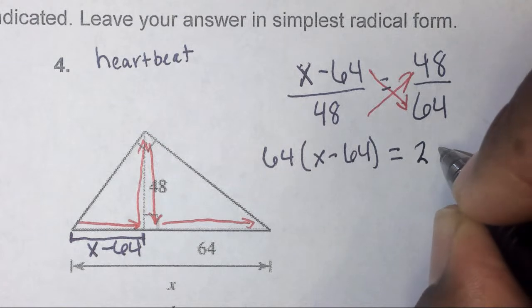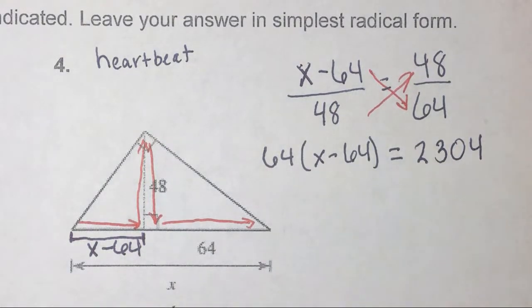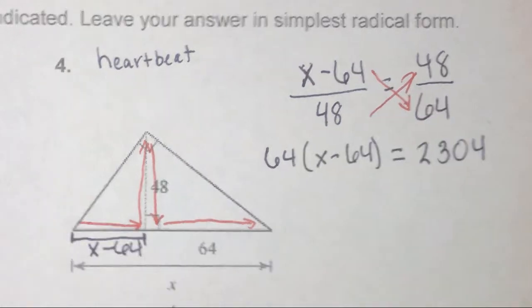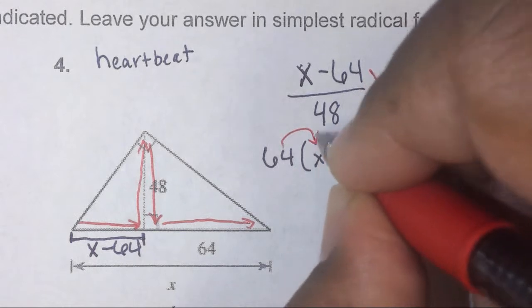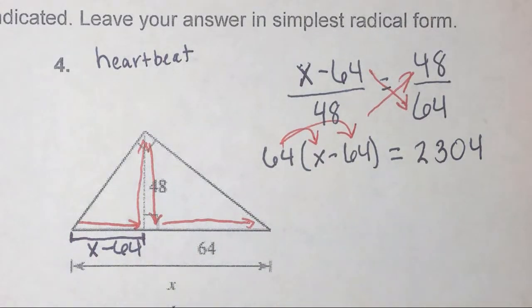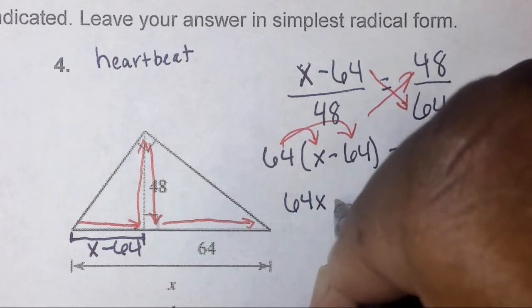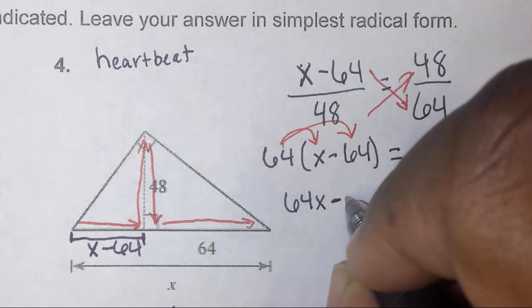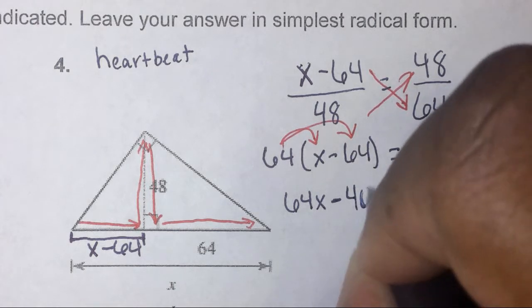Isn't that 2304? Then after that, do your distribution. 64 times x. And then 64 times 64. 4096.